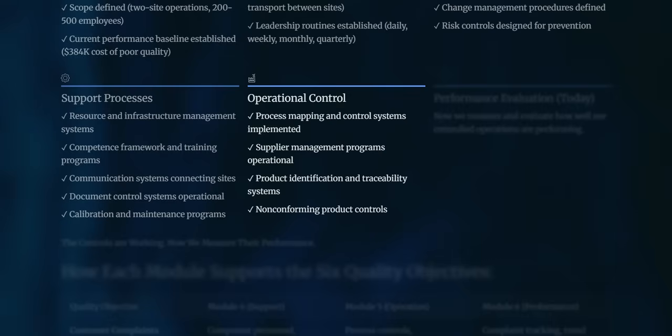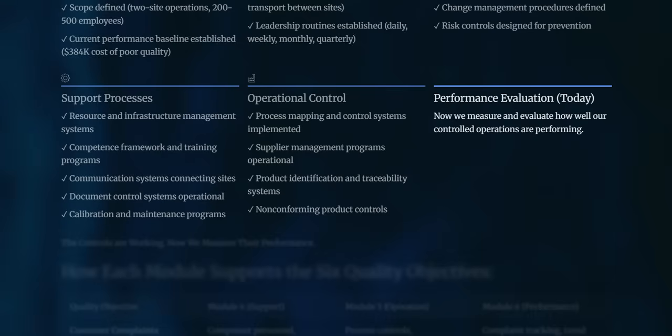In our fifth module, which is operational control, we have covered the following: process mapping and control systems have been implemented, a supplier management program has been operationalized, a product identification and traceability system, and non-conforming product controls have been implemented.